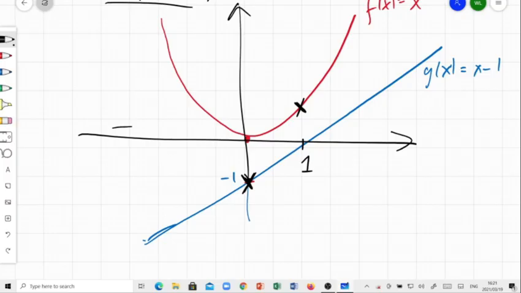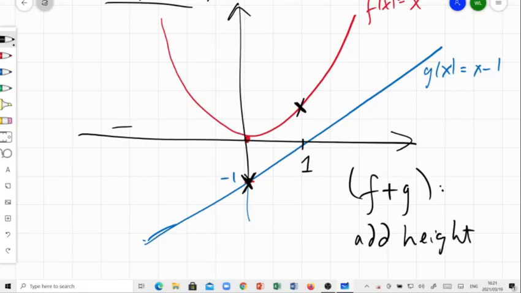So in other words, to find the graph of the sum function f plus g, you must add the heights of the graphs of f and g. Then you're done.